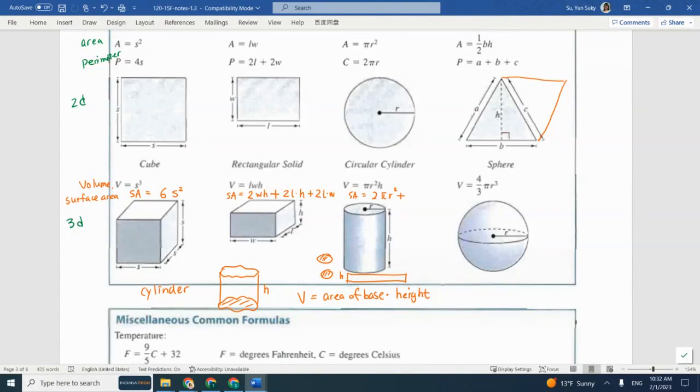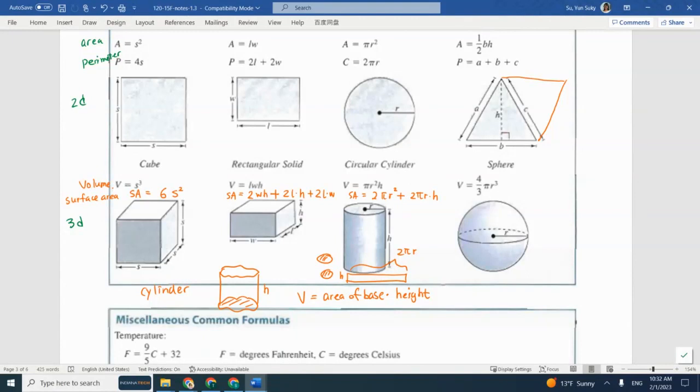What's the circumference of a circle? 2 pi r. Therefore, we get 2 pi r times h.